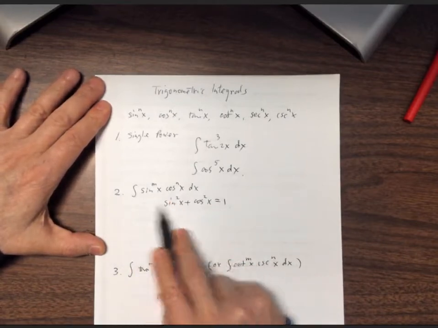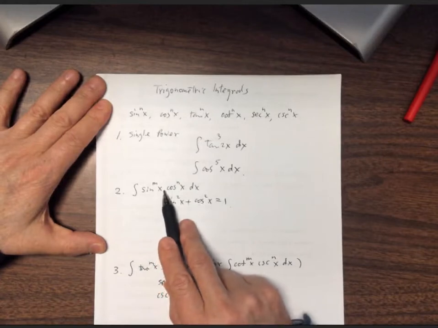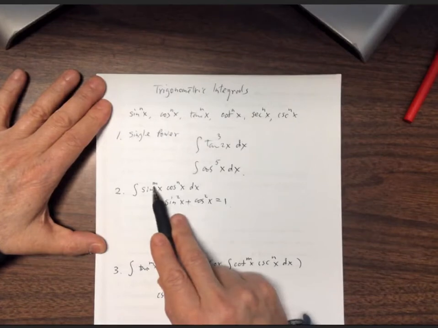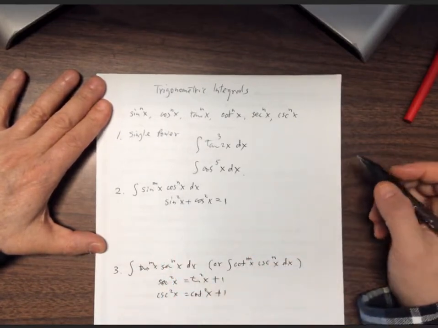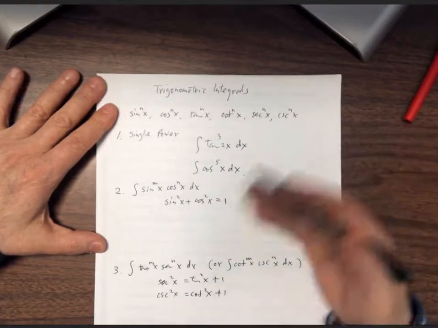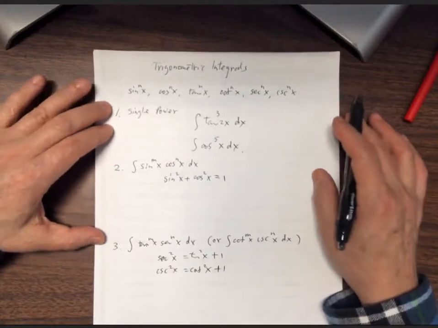So again, in this group, it's a combination of power of sine, power of cosine. Those powers don't have to be positive integers. In some cases, they can be fractions, they can be negative, so we'll discuss in details later in this video.